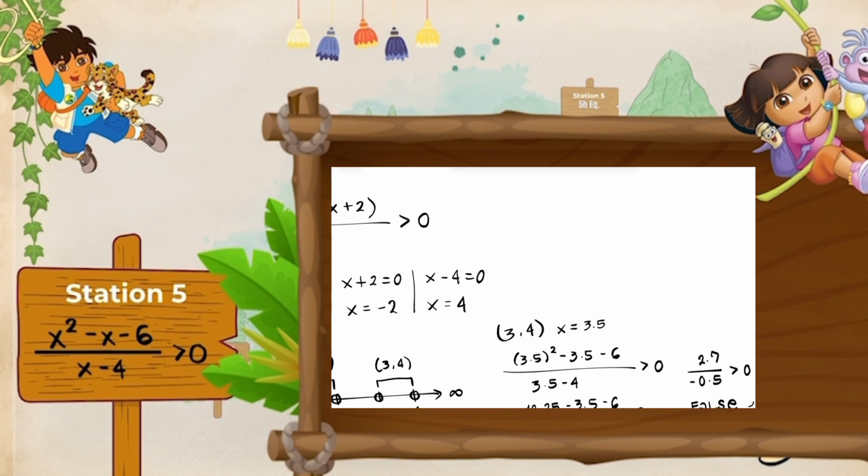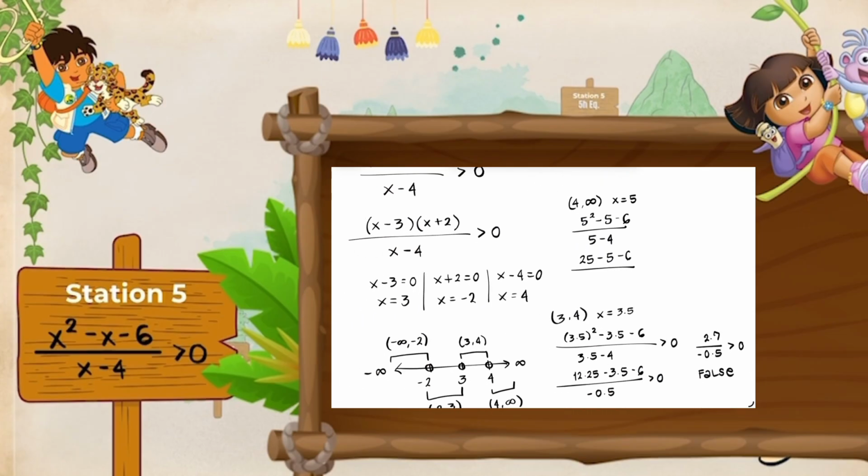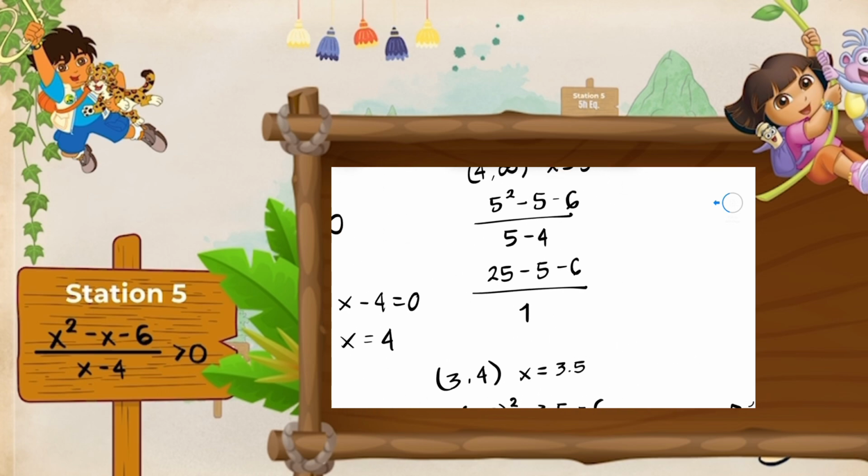And our last one is for positive infinite. Let's choose 5. So 5 squared minus 5 minus 6 over 5 minus 4. 5 squared is 25 minus 5 minus 6. 5 minus 4 is 1. 25 minus 5 is 20.